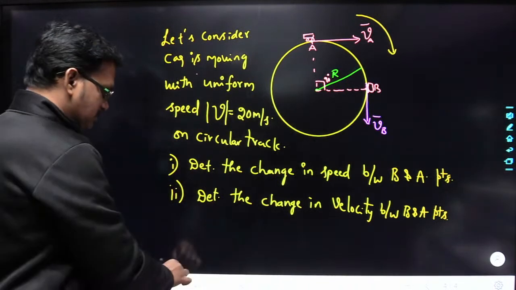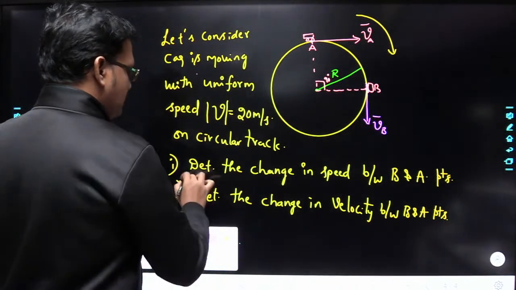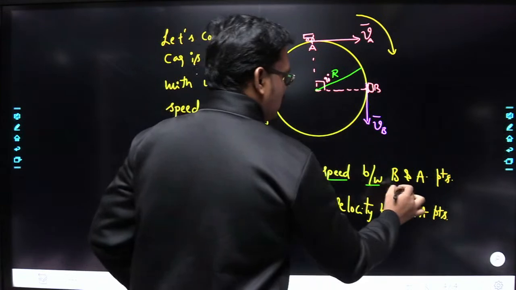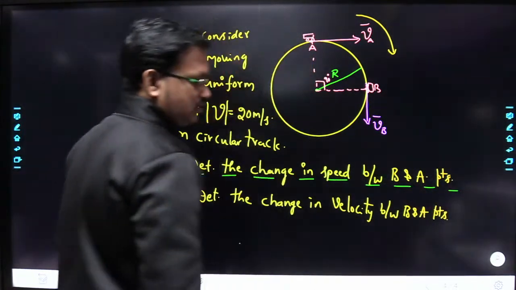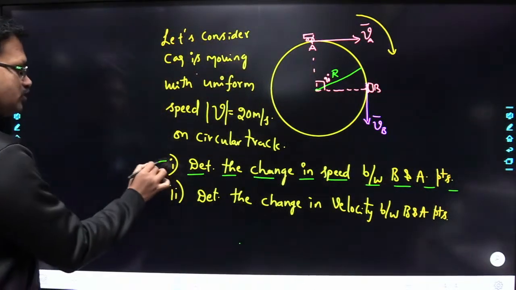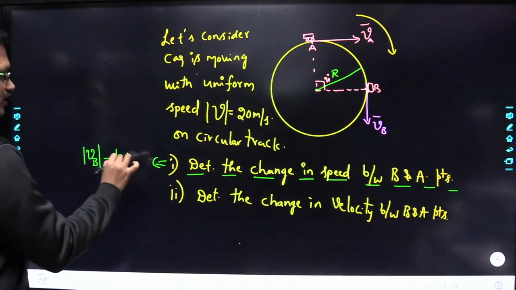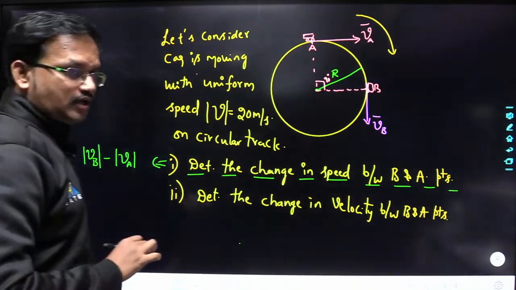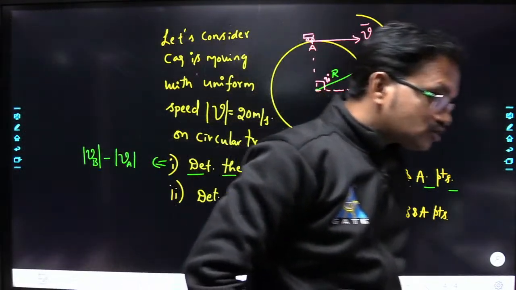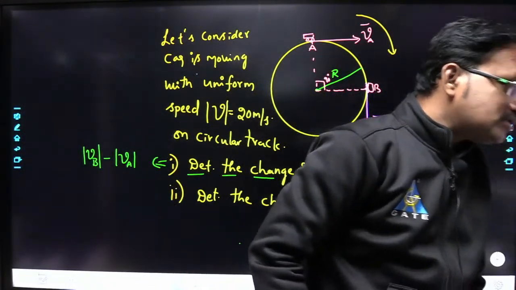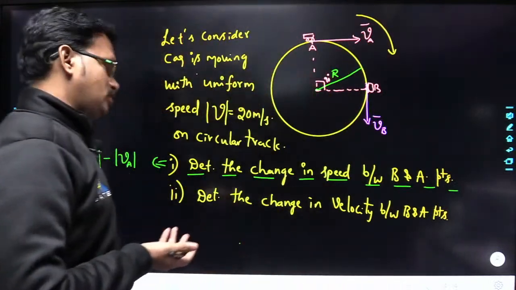Now in the first question, what I am asking is to determine the change in speed between B and A. That means you have to determine the magnitude of VB minus the magnitude of VA. So what are you going to get? Tell me. The change in speed will be equal to 0. Yes or no?